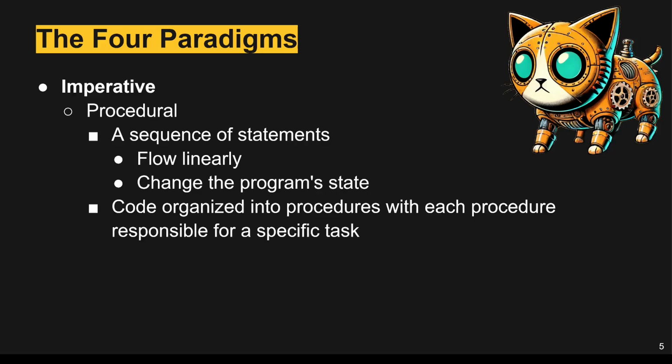The code within these procedural languages is organized into procedures, and each one of those is typically responsible for a specific task. So in the C programming language, we have functions, and those are equivalent to the procedures. Each function could do something like, well, you have your main, similar to Java.